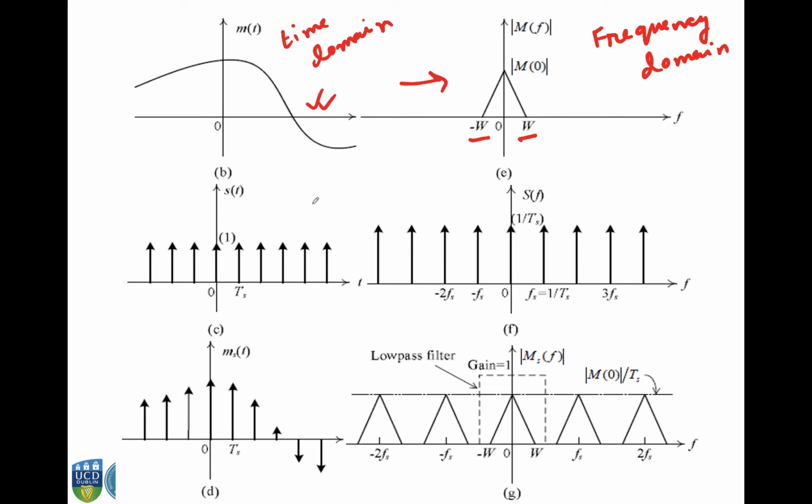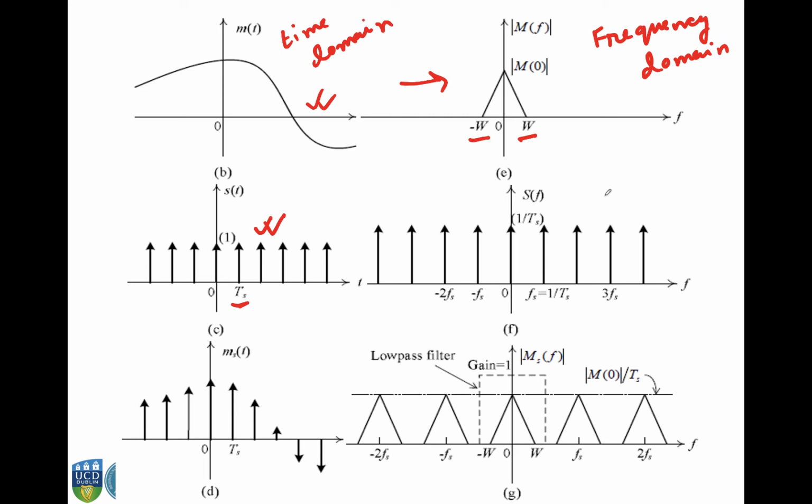Now if you want to sample this time domain signal, you are trying to convolve it with this impulse train, which is spaced Ts seconds apart. That's your sampling time. If you represent this impulse train in the frequency domain, you get an impulse train again.